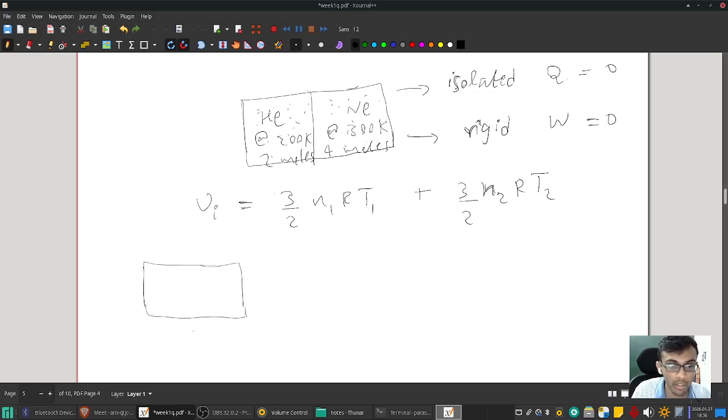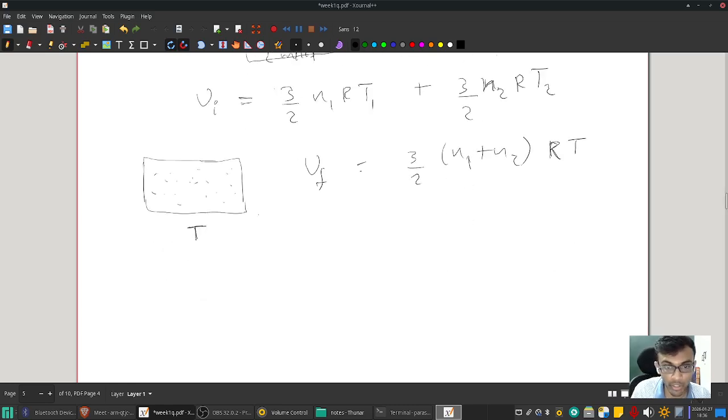The final temperature is T, and there's a mixture of helium and neon gases. The final internal energy is going to be 3 by 2 (N1 plus N2) times RT. So both of these gases are going to be at the same temperature T after they reach equilibrium.